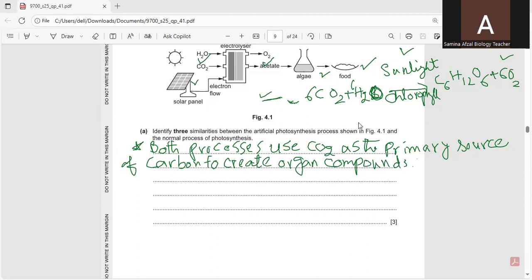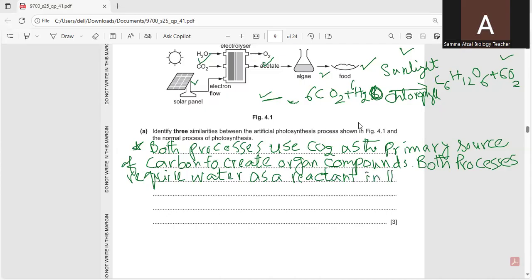Secondly, both processes require water as a reactant in the light dependent stage.